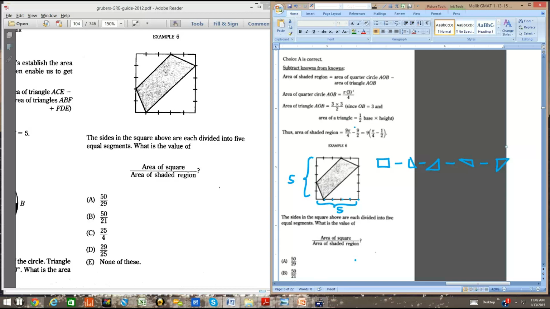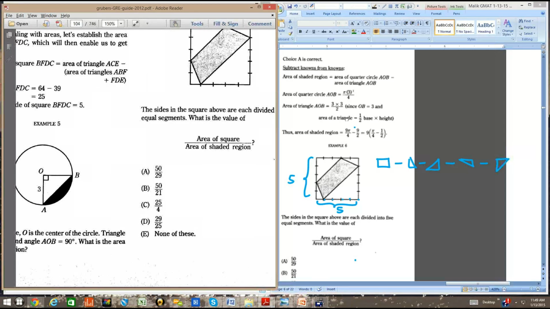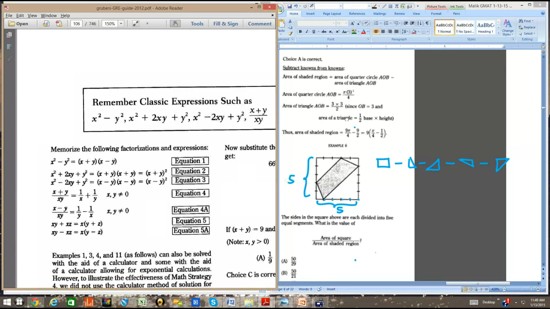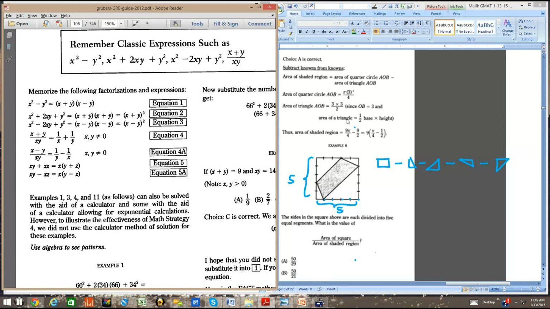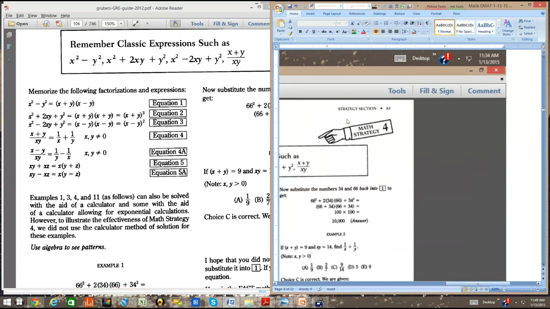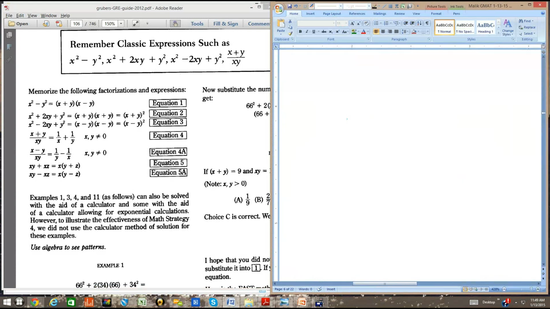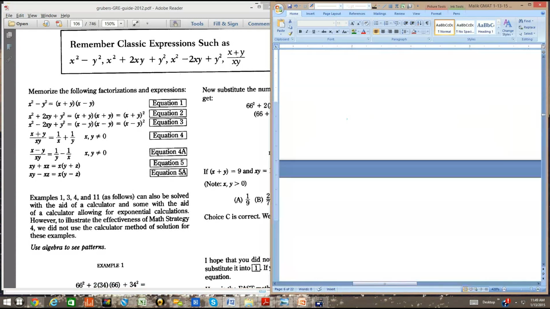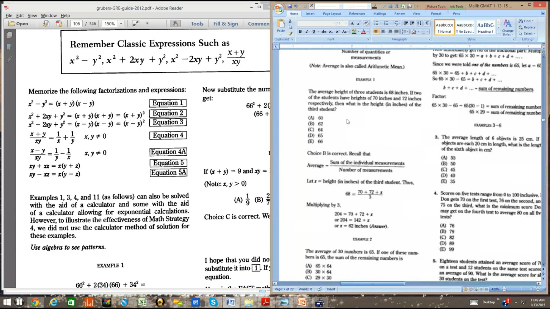But you got the concept, right? Area of the triangle is 1/2 times base times height. Yes, we'll get into geometry later. That's all we need for the area of the triangle.